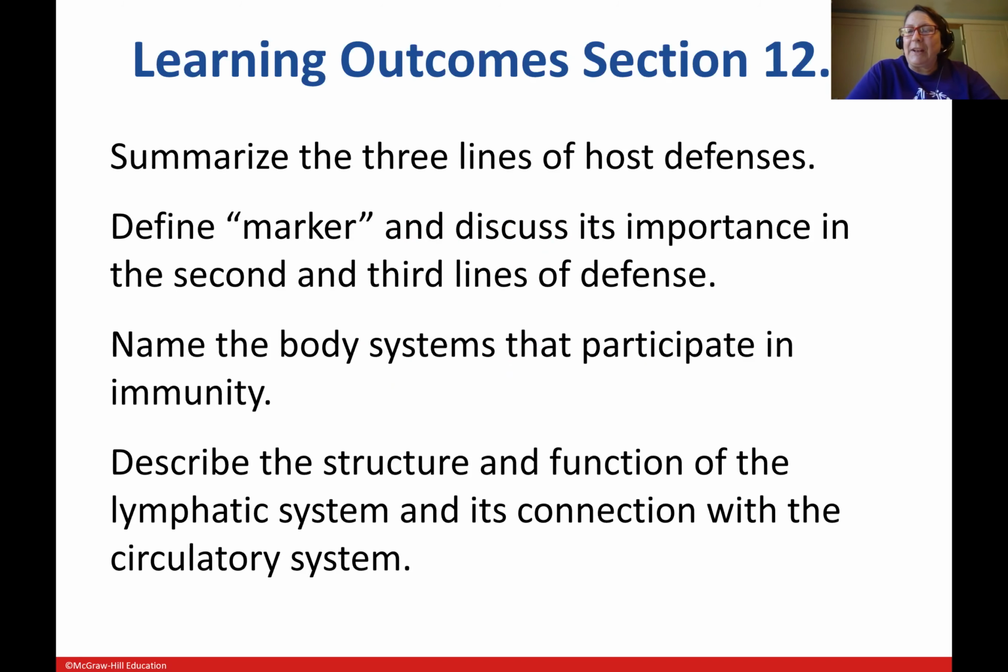Okay, so our learning objectives are going to be: summarize the 3 lines of host defenses; define what a marker is and discuss its importance in the second and third lines of defense out of those 3; name the body systems that participate in the immune system; describe the structure and function of the lymphatic system and its connection with the circulatory system.